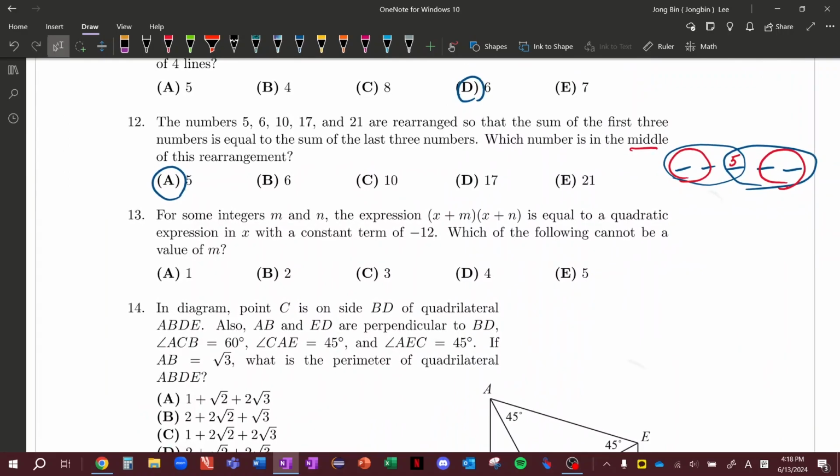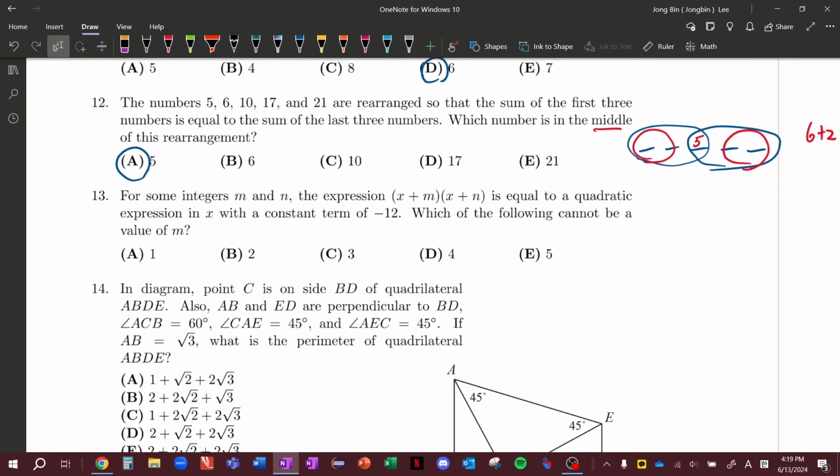Question number 13. For some integers m and n, the expression (x plus m) times (x plus n) is equal to a quadratic expression in x with a constant term of minus 12. Which of the following cannot be a value of m? If we expand this expression, we get x squared plus (m plus n) x plus mn, and the question is saying that the constant term is equal to negative 12.